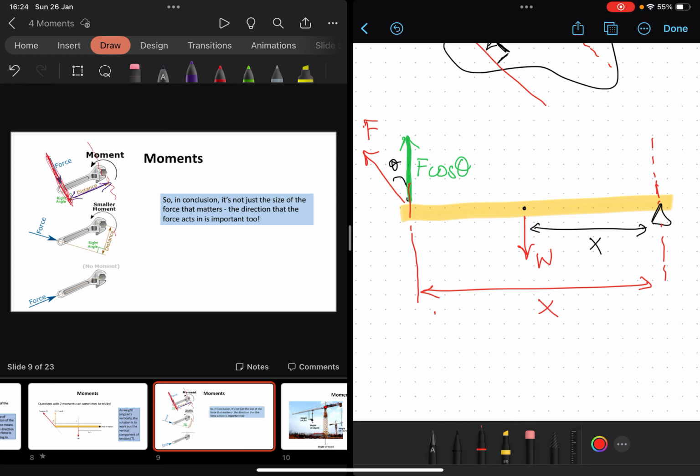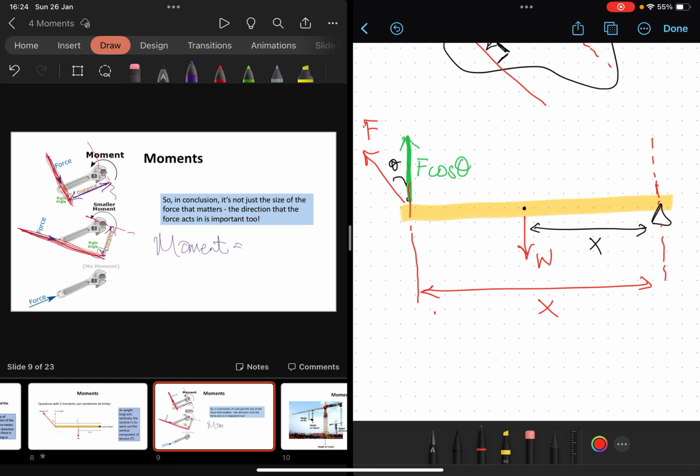If we then compare it to the second diagram, there is the line of action of the force, there is my dotted line from the pivot, and you'll notice that that distance is now less than the distance in the first diagram.